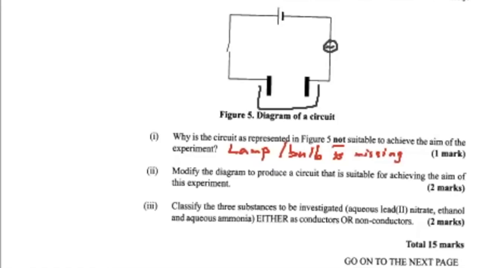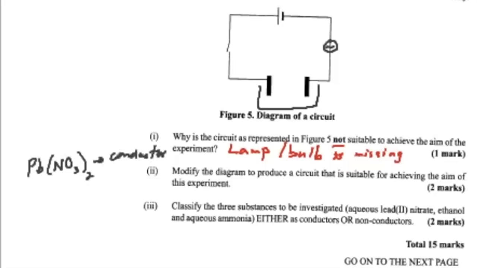Classify the 3 substances to be investigated: aqueous lead-2 nitrate, ethanol, and aqueous ammonia, either as conductors or non-conductors. So aqueous lead-2 nitrate, that is an electrolyte, that's a conductor.